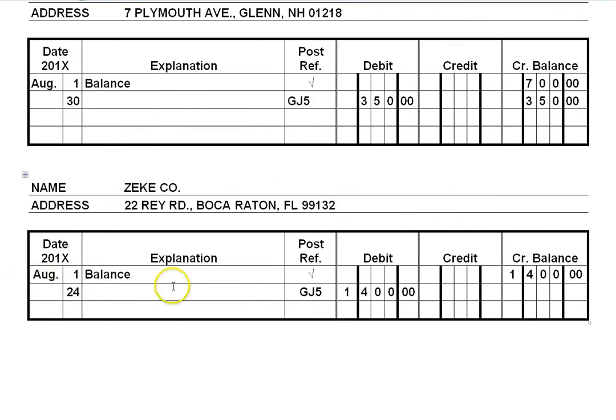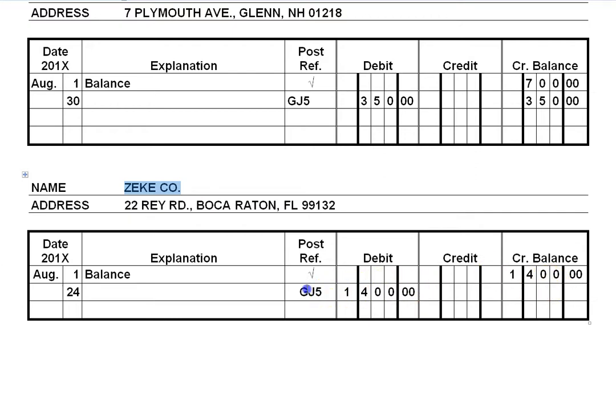So back on August 1st, apparently we had purchased merchandise on credit, where we debited computer purchases and credited Zeke accounts payable. That was the transaction that resulted in the $1,400 credit to the accounts payable account in the subsidiary ledger, showing that at that point we owe Zeke $1,400.